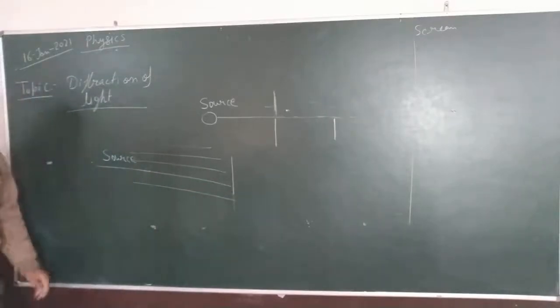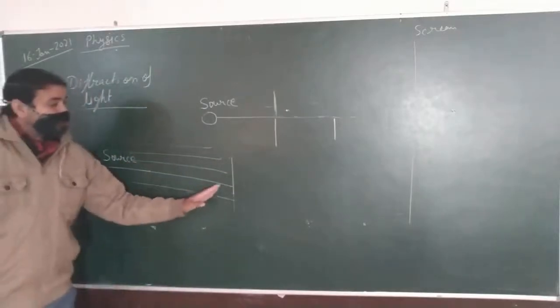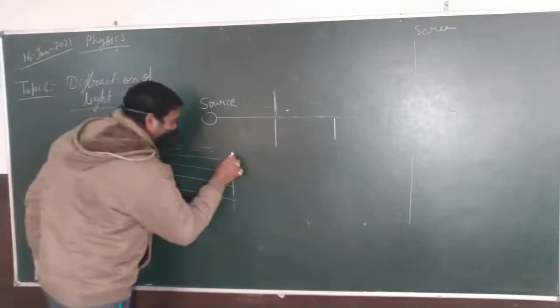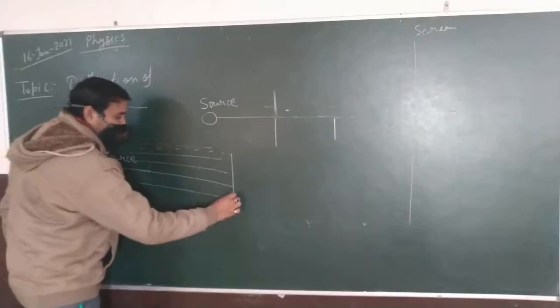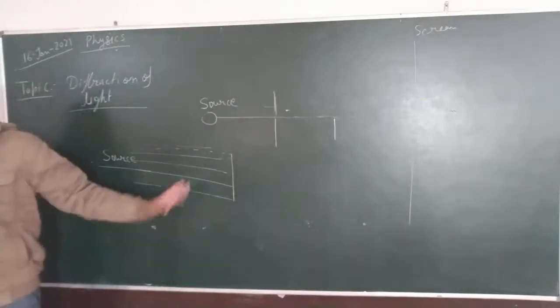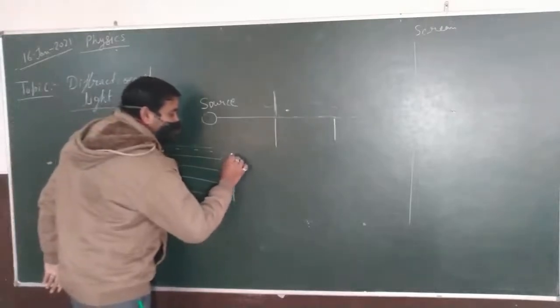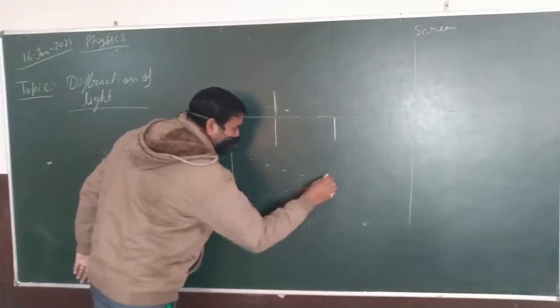These three rays are not able to pass, but the ray just near the obstacle is bent due to the corner, and these travel towards the center.